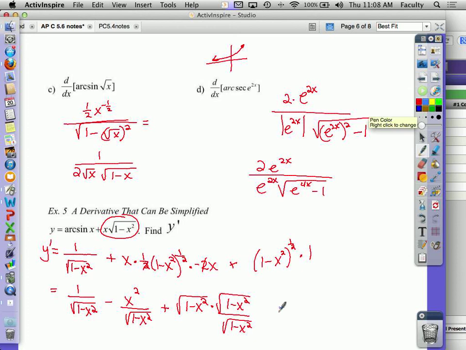So that becomes 1 minus x squared plus, now what's the square root times the square root? Just the inside, good, which is 1 minus x squared. And it's all over the common denominator. All right, this is the problem that doesn't seem to end. This is 2 minus 2x squared.